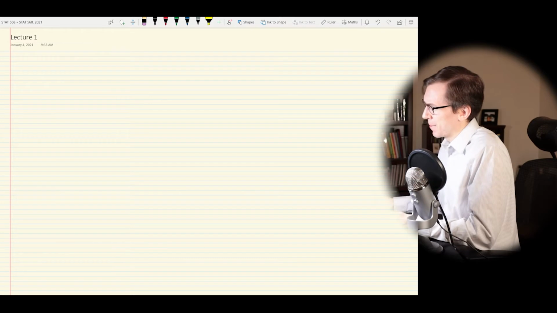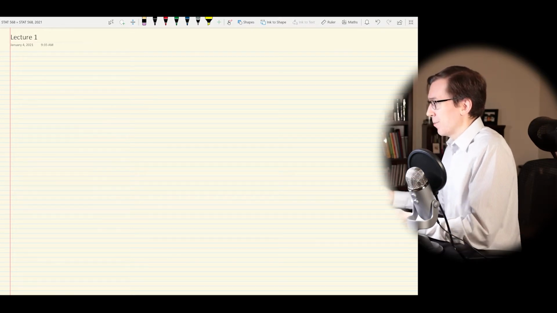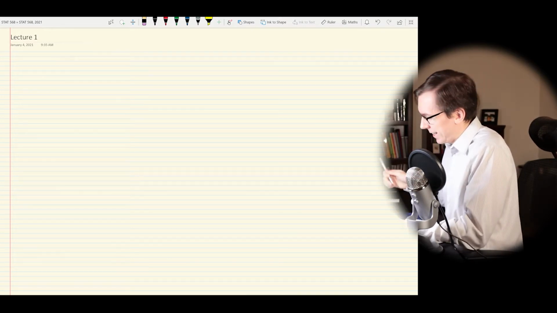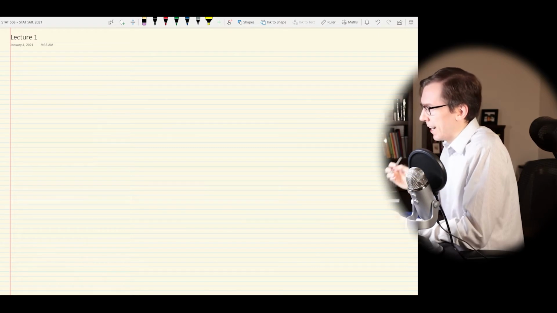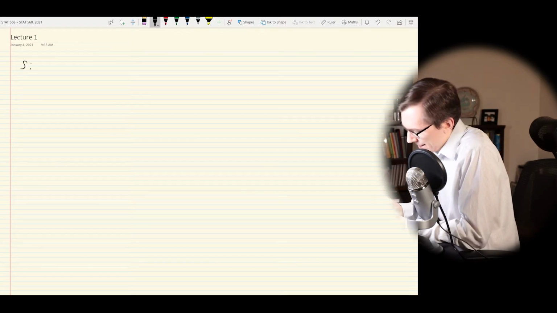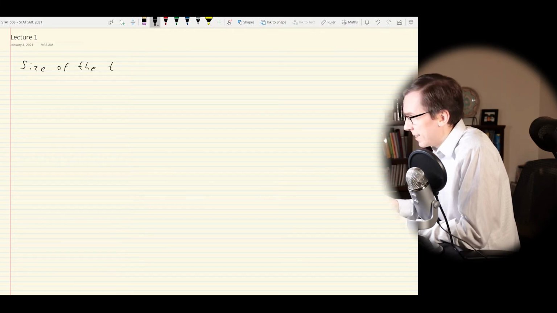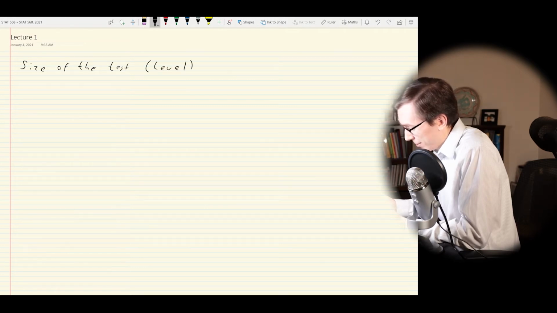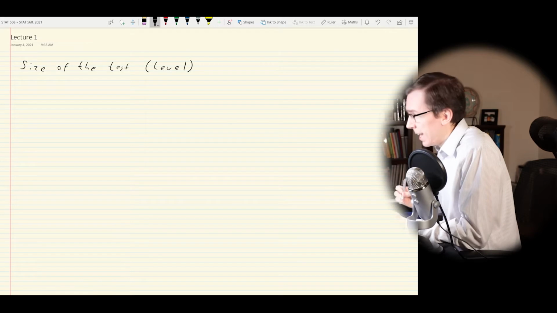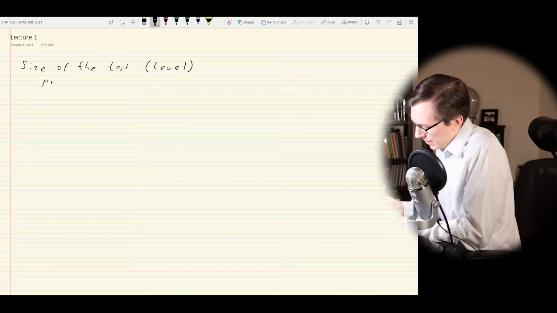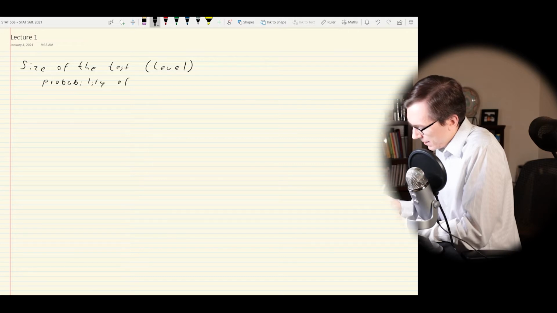So let's get into some terminology first. When we talk about running an experimental design, we have to know what the size of the test is. Sometimes this is referred to as the level. The idea is this is the probability of a false positive.